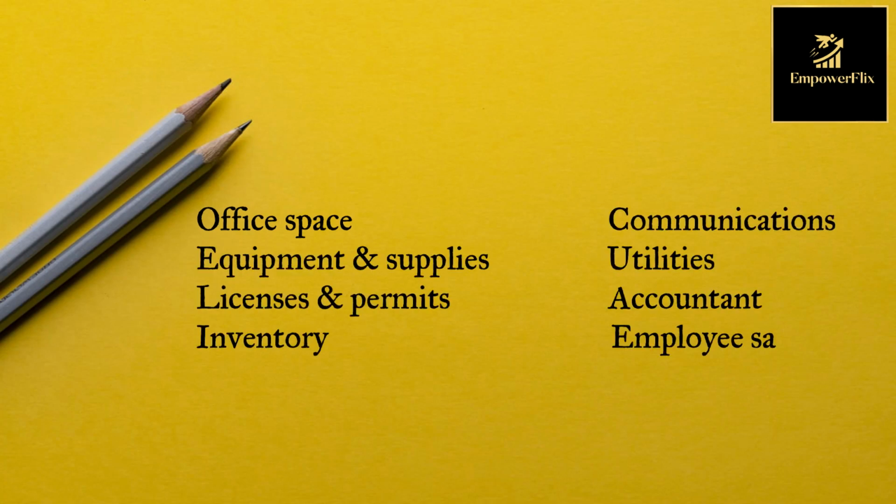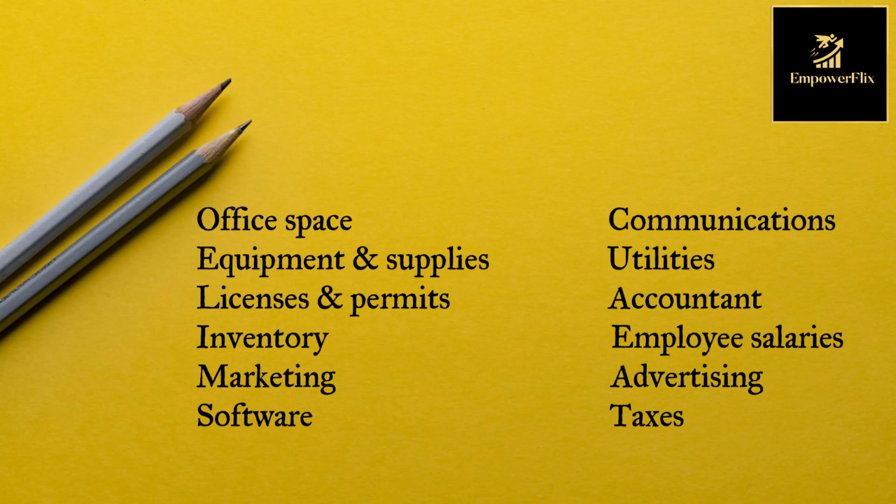First is your office space, equipment or supplies required, your communications, utilities, licenses and permits required, your accountant fees, inventory, employee salaries. If you are required to hire people, you need to calculate their salaries, your marketing charges, advertisements, software, taxes, etc. This needs to be calculated for the first year because in the first year you're going to get established.